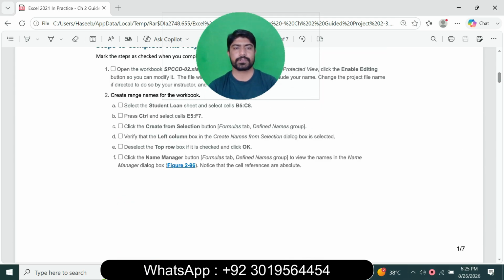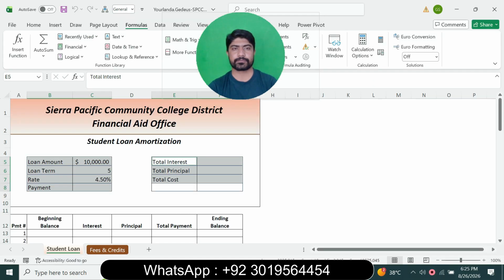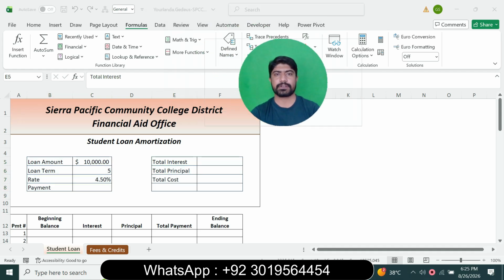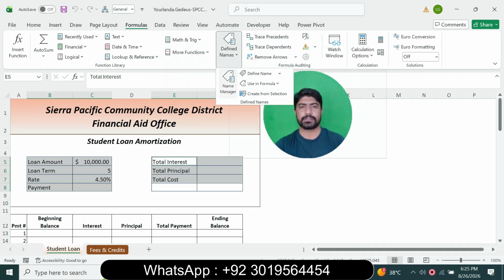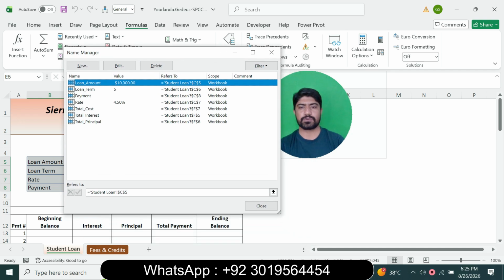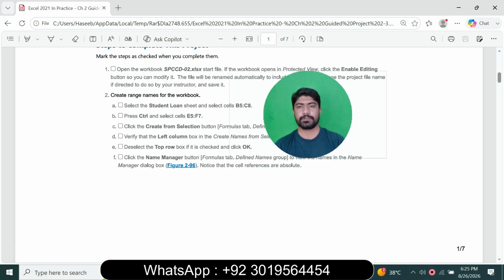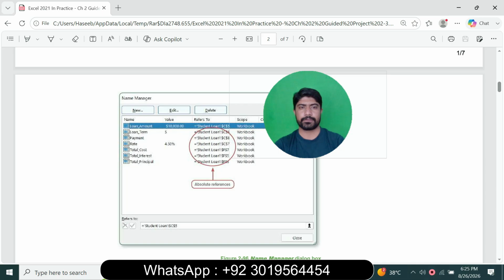Next, click the Name Manager button on the Formulas tab, Defined Names group, to view the names in the Name Manager dialog box. Notice that the cell references are absolute.